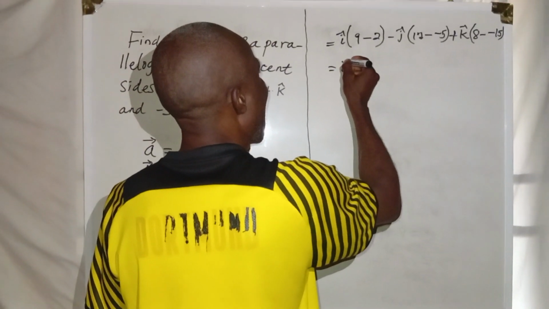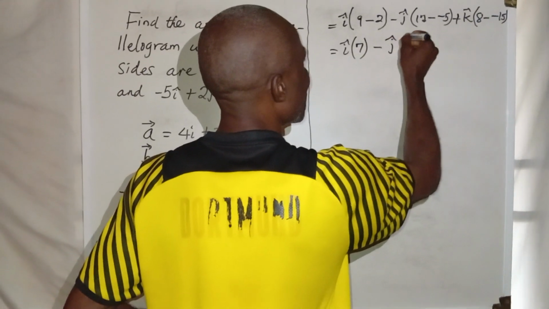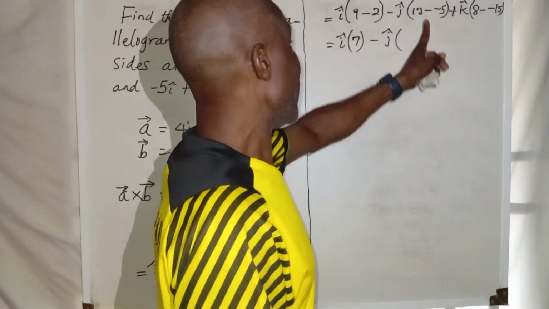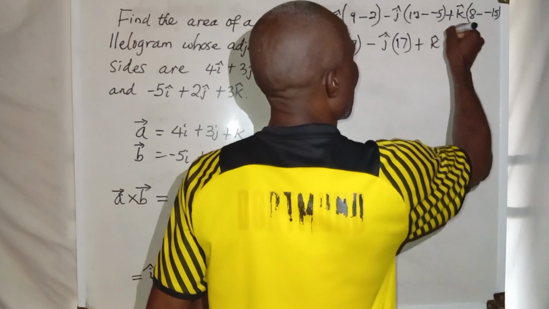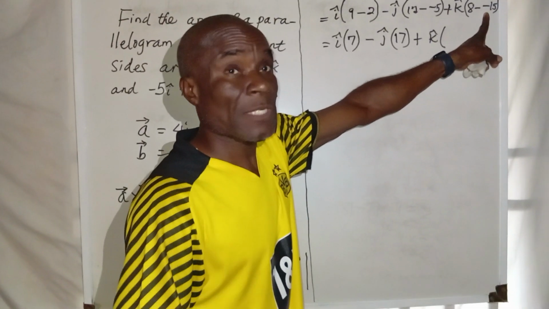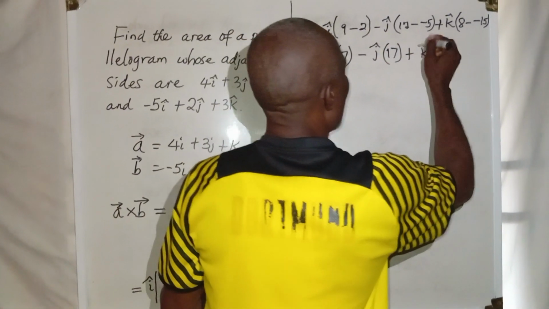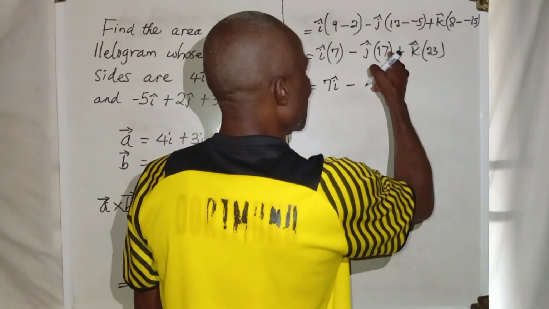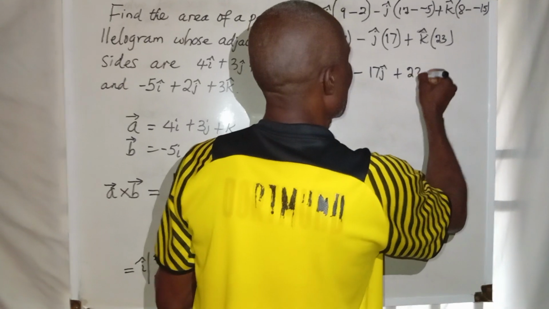This is equal to i times 9 minus 2, which is 7, minus j times 12 minus -5, which is 12 plus 5 because minus times minus is plus, that is 17, plus k times 8 minus -15, which is 8 plus 15, that is 23. We simplify further: 7i - 17j + 23k.